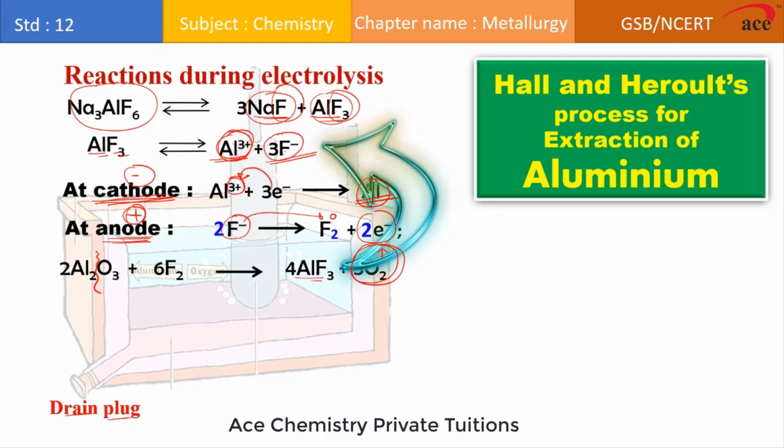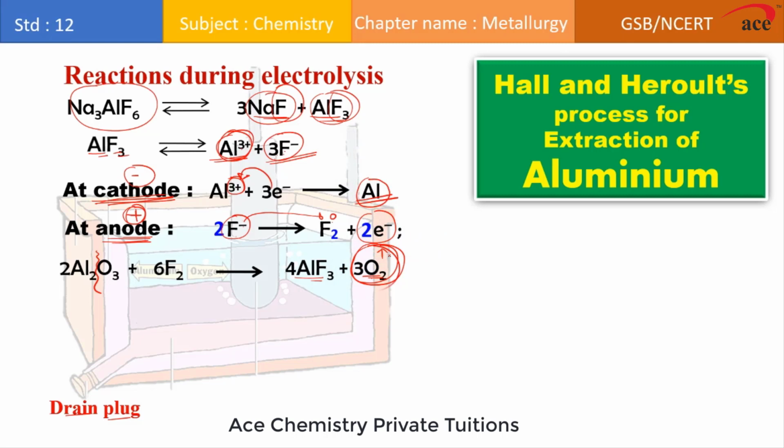Now, this oxygen gas which is liberated, student, starts reacting with the anode, because the anode is made up of graphite and there is carbon content. At this high temperature, this oxygen is a very reactive element; it reacts with the carbon and produces oxides of carbon.